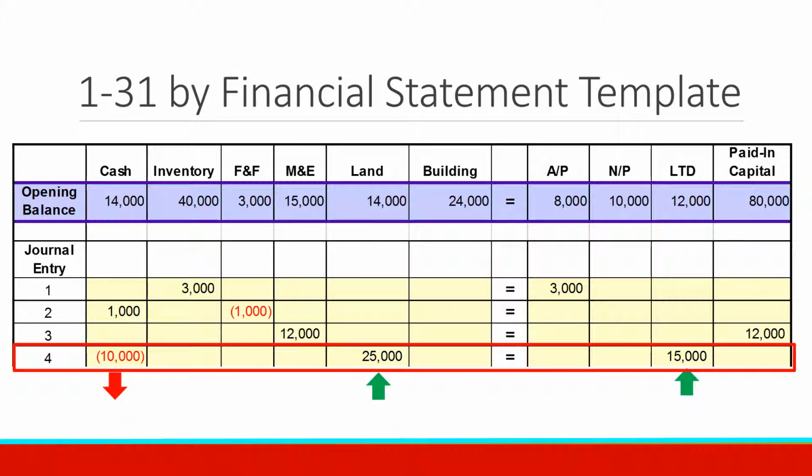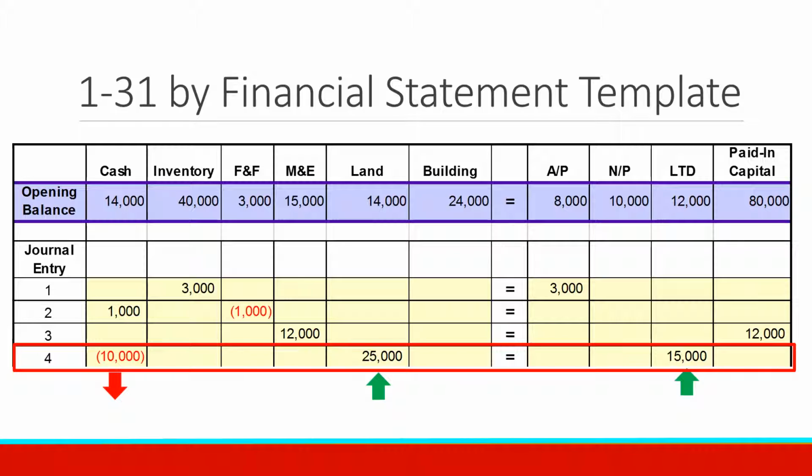So now that's 2 out of the 3 pieces of this particular journal entry. We have assets going up by $25,000 in the form of land and dropping by $10,000 in the form of cash. That gives us a net change in assets of $15,000 that we then need to find an offsetting component for.